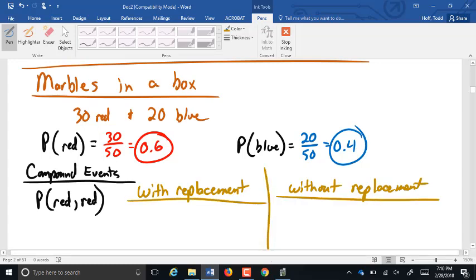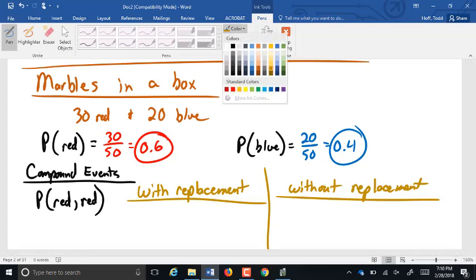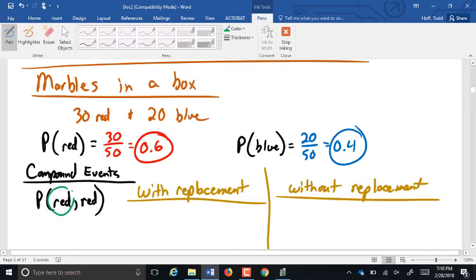When we have 2 things that are going to happen here, we have to view one of them as happening first. So whether we draw both marbles at once or just one at a time, it doesn't matter. One of them is first. There's a first marble. We look at that first marble and we see that it's red or blue or whatever.